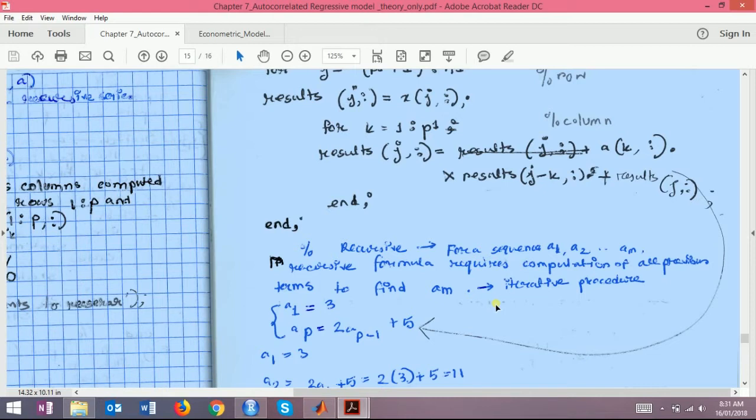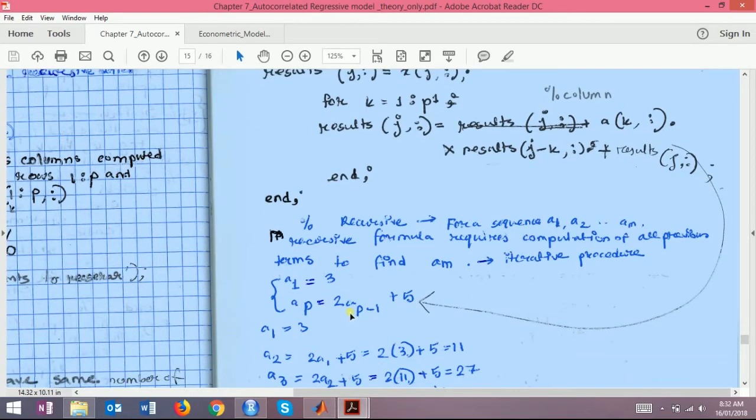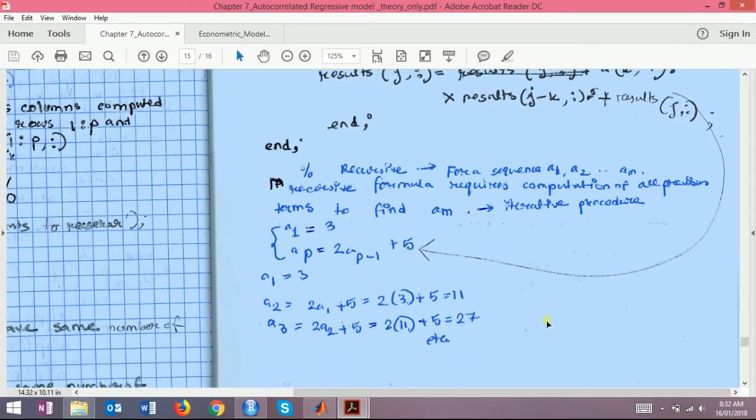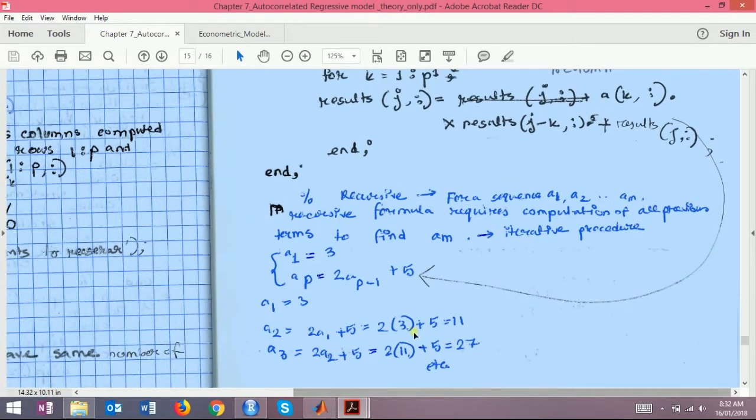For example, if A1 equals 3, the equation of AP is 2AP minus 1 plus 5. So we replace AP minus 1 with the 3. So A1 is 3, A2 is 11, A3 is 27. A3 will use A2, so this is recursive. This is a series A1, A2. A vector A is created recursively.